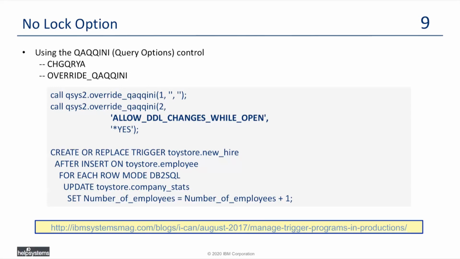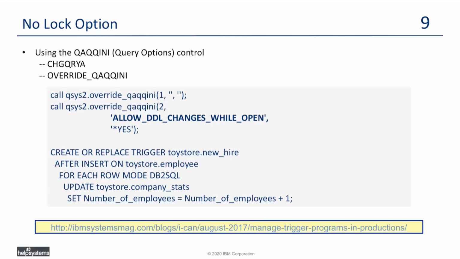If you call override QAQQINI with one, saying I'm about to override changes, we inherit the rules that you currently are using into a new QAQQINI in QTEMP, so it's only for your job. Then you can have a series of calls to override QAQQINI with 2, where you're saying which things you want to override with some value you supply.